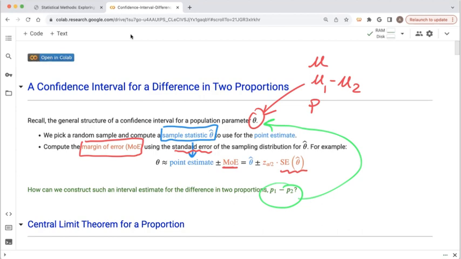And then we construct an interval estimate by taking our point estimate and adding and subtracting the margin of error to get an interval of plausible values for the population parameter theta. So what I want to discuss now is how we can apply this same process for constructing a confidence interval for the difference in two proportions p1 minus p2.